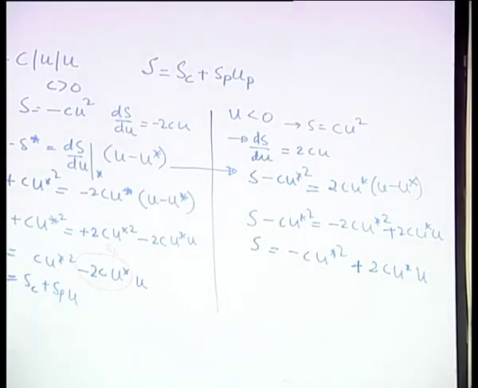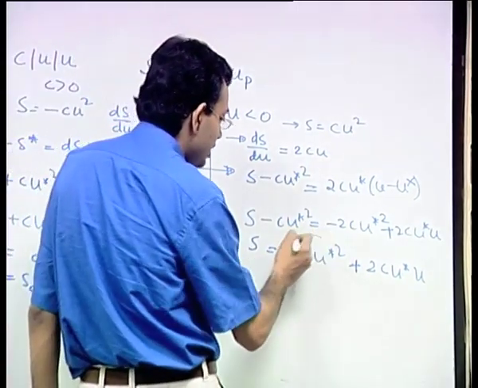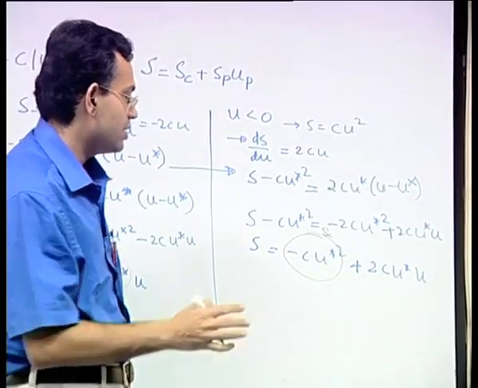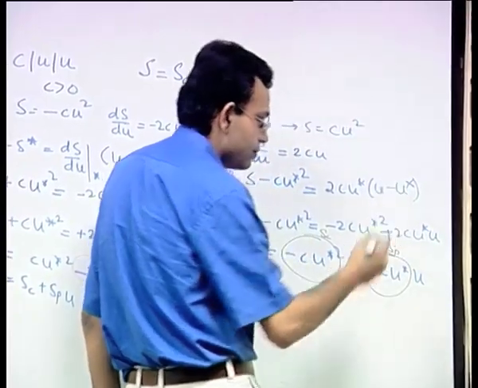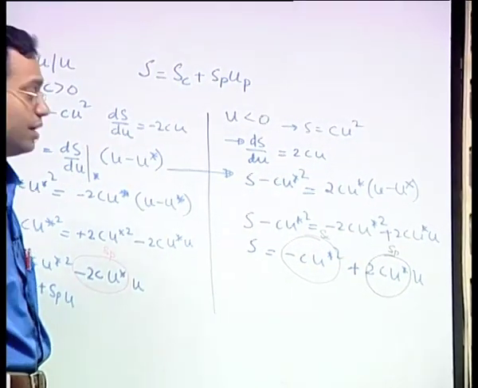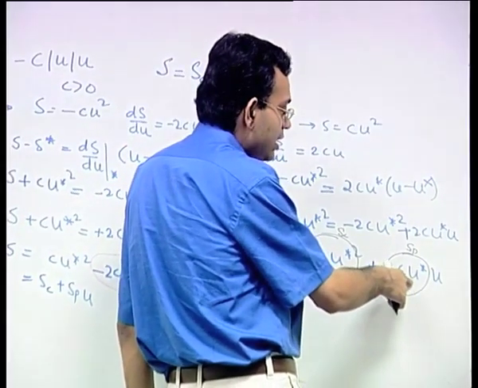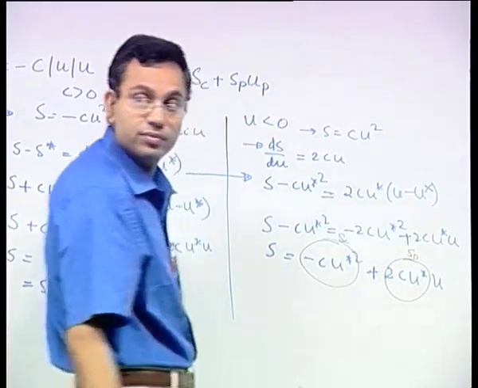If you write this again as SC plus SP u, then this is SC. It does not matter whether SC is negative or positive. The sign criticality is there with SP. This is SP, and because u is less than 0, u star is less than 0, C is greater than 0, SP is less than 0.